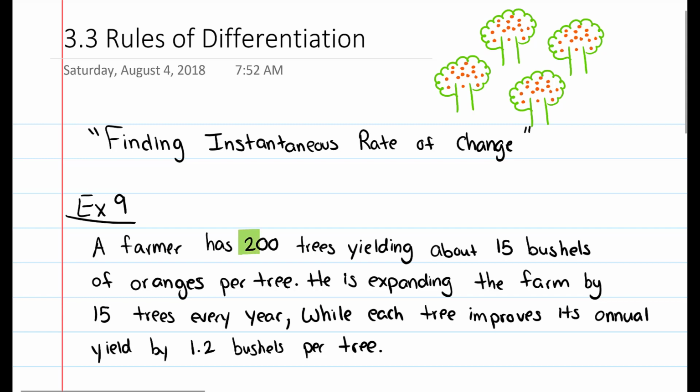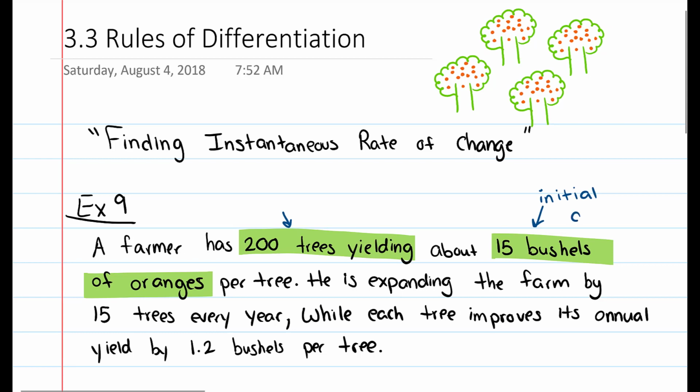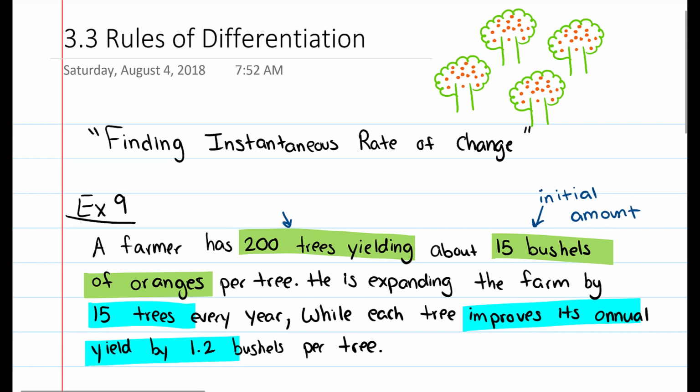So he starts with 200 trees, and each tree has 15 bushels of oranges. So this and this number represents an initial amount. And then every year, he expands by 15 trees, and each tree improves by 1.2 bushels per tree.